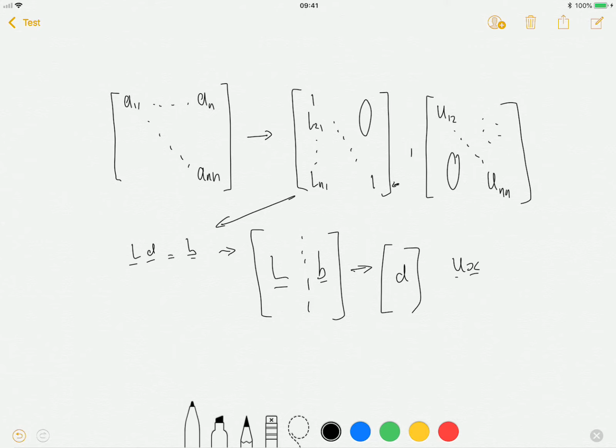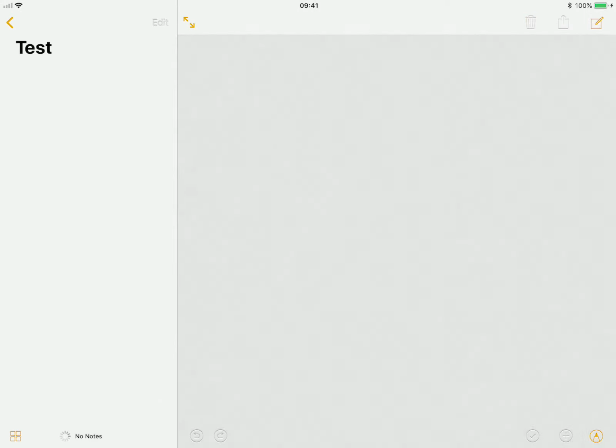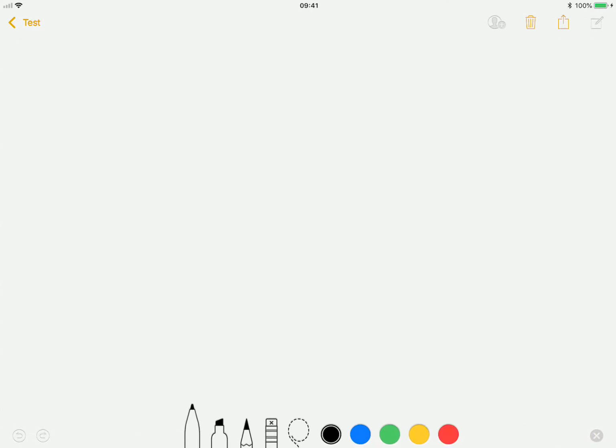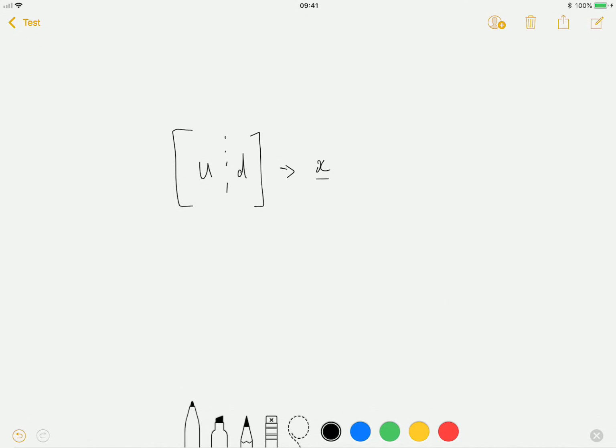So Ux minus D equals 0, or Ux equals D, which is simply matrix U augmented D will give you X.